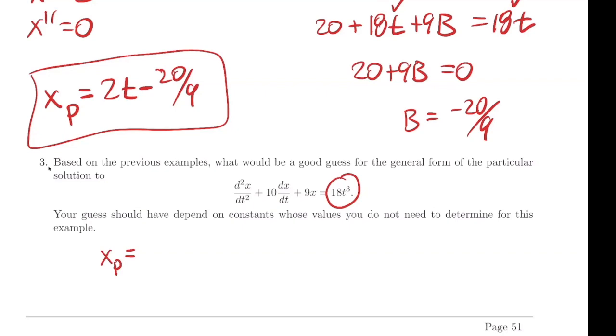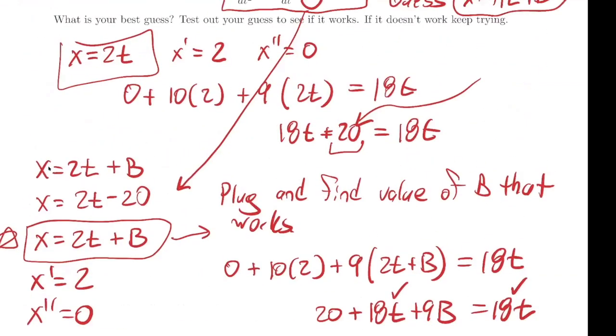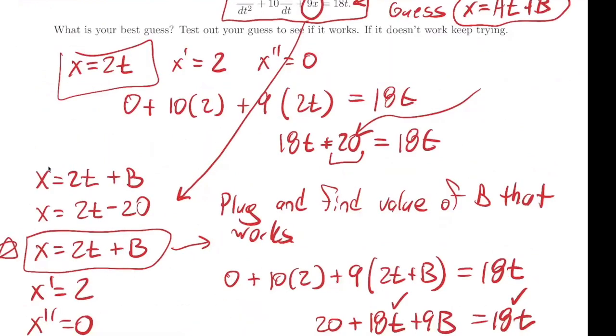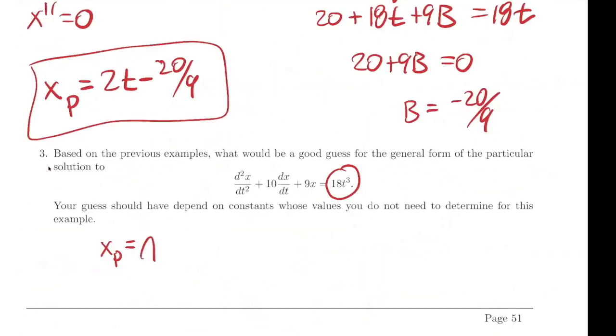Yeah, so just kind of building off of this process: if my function is linear, I guess something linear. If my function is constant, I guess a constant function. So if the forcing function is cubic, then we're going to guess the most general cubic function that there is.